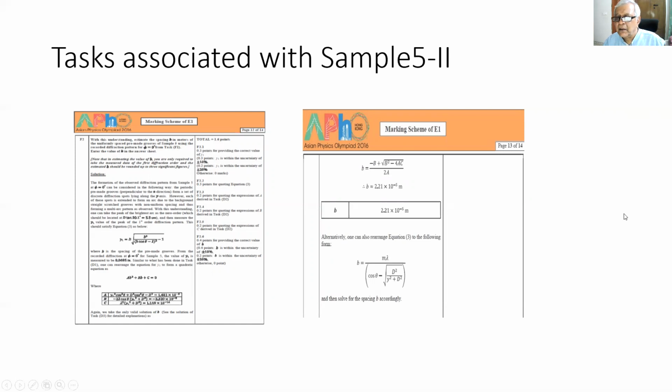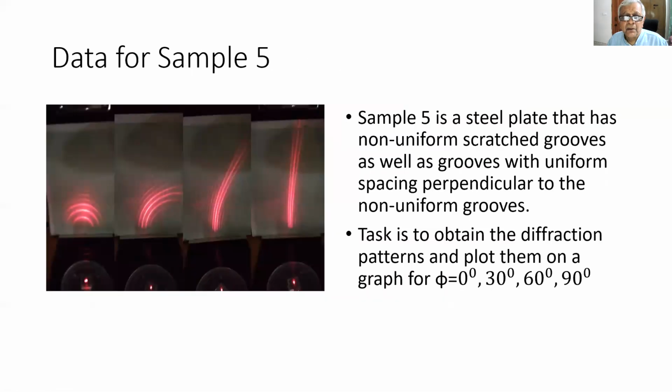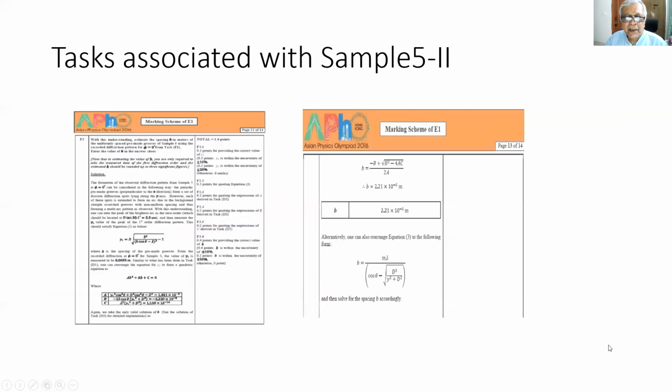I'll just go back 2 slides and show you that. This will be a measure of B. So from there, you rearrange this equation at phi equal to 0 degrees, and from there you calculate B to be 2.21 times 10 to the power minus 5 meters.